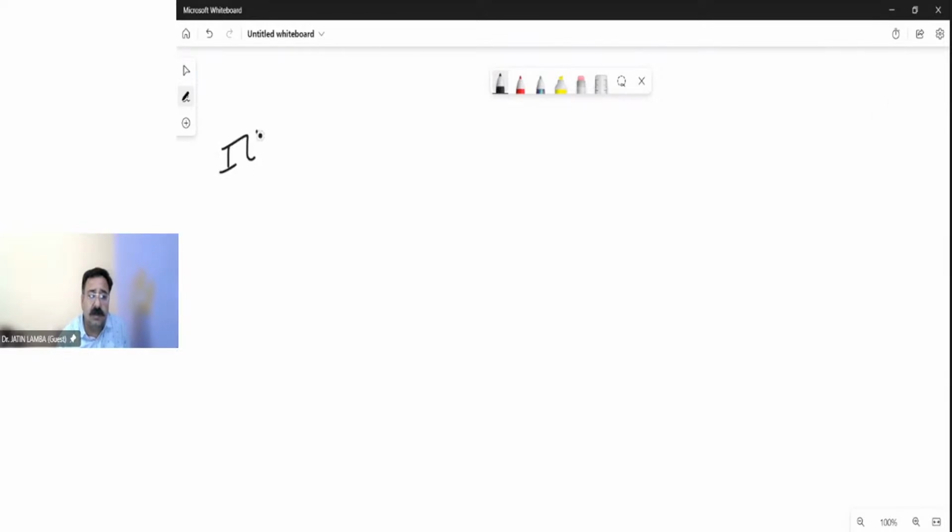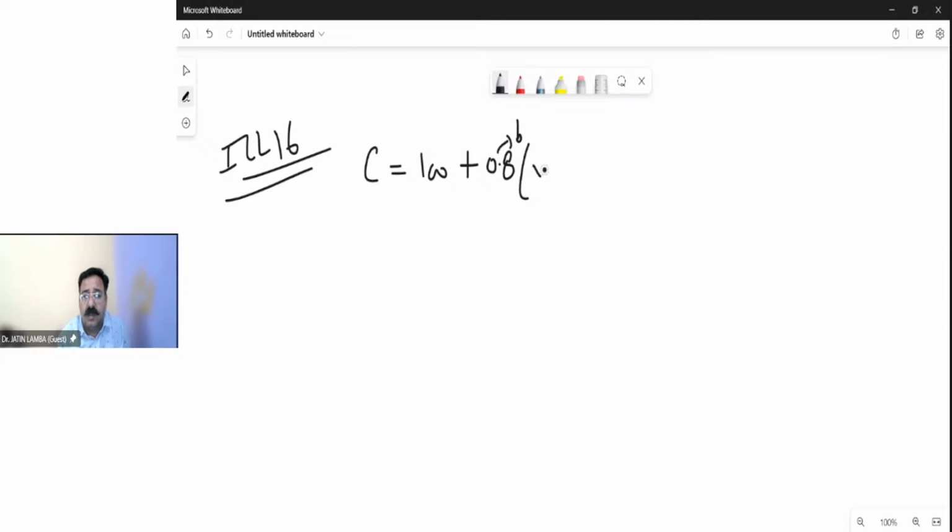See, in illustration 16, consumption function 100 plus 0.8. What is 0.8 here? b, marginal propensity to consume, into y minus t plus transfer, already given in the question. This is the disposable income, Y minus t plus transfer. This is the consumption function. I is given 200 constant.